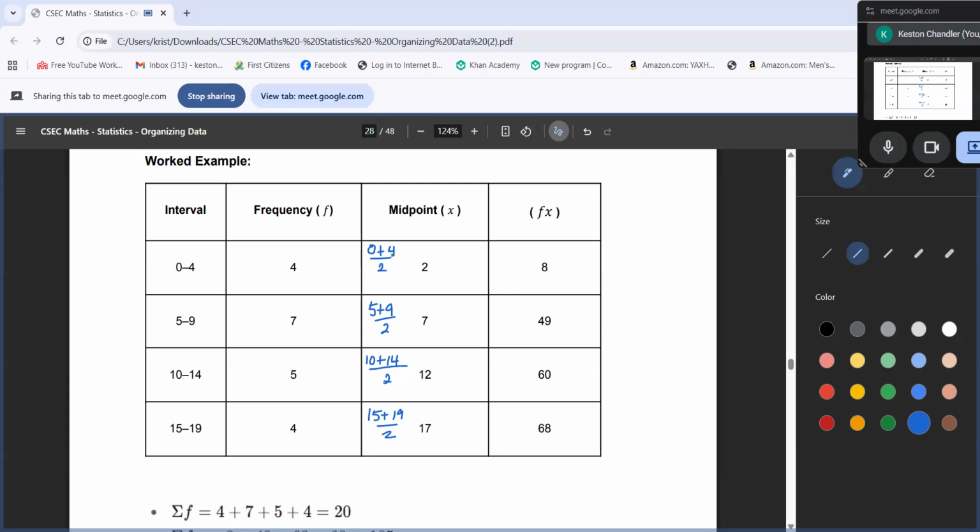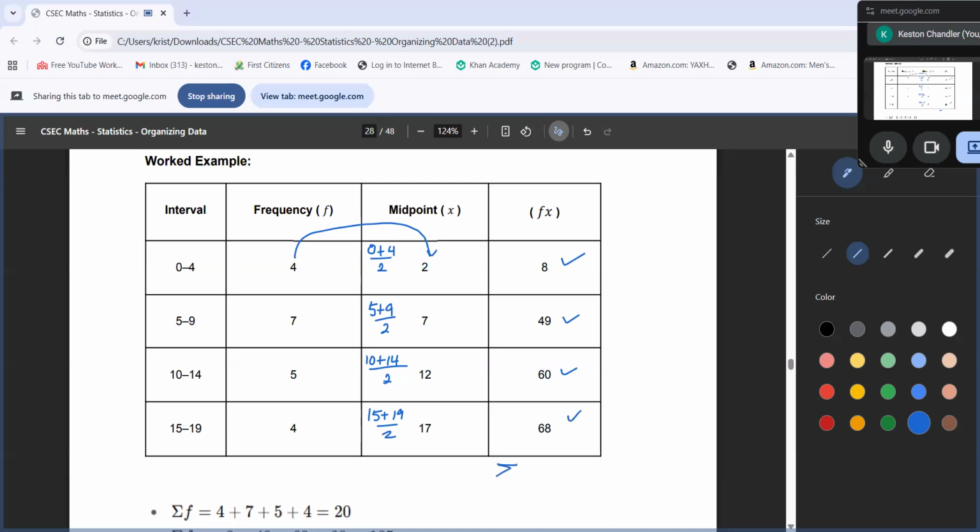So in order to work out our mean, we will multiply each frequency by the midpoint associated with the class, giving us our f x column. So 4 times 2 gives us 8, 7 times 7 gives us 49, 5 times 12 gives us 60, 4 times 17 gives us 68.